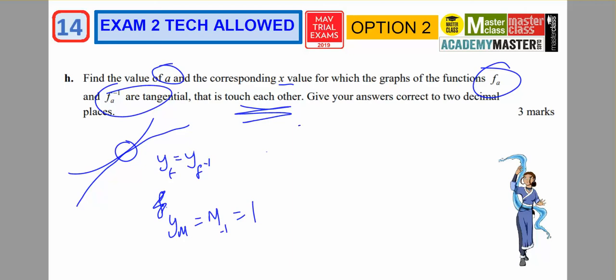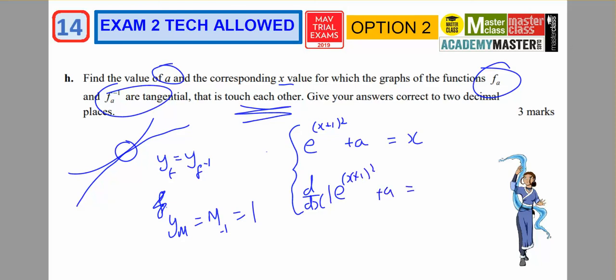So what I'd like to do is make e to the x plus 1 squared plus a equal x, and the derivative of e to the x plus 1 squared plus a equal 1, and solve for x and a.